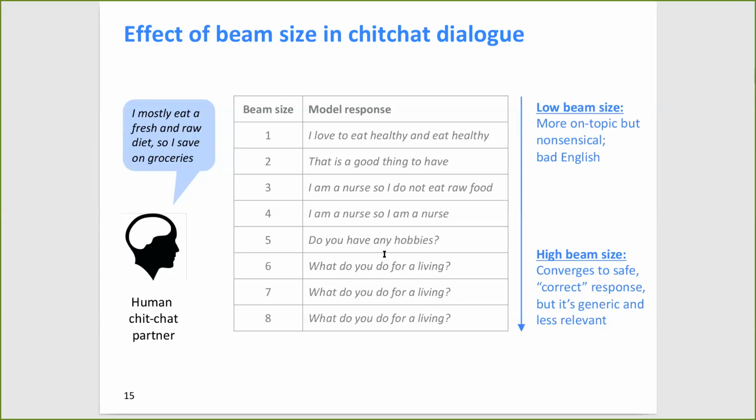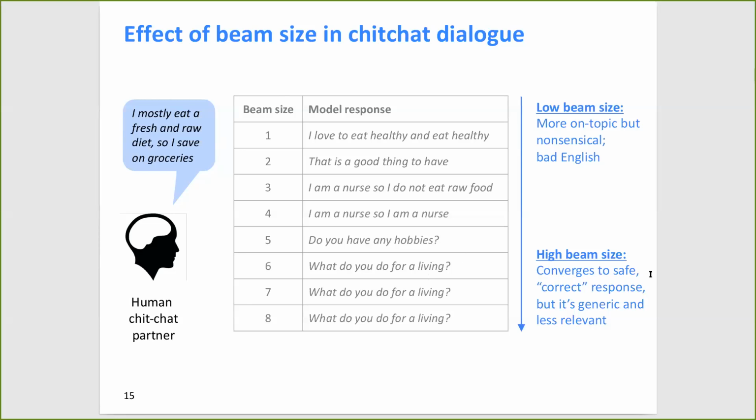So these are more generic. At the top, we have sentences which are related to the input, but they're not structured with good English. So when we have low beam size, the responses that are generated are more on topic, but nonsensical. If we go with higher beam size, we get safer responses.